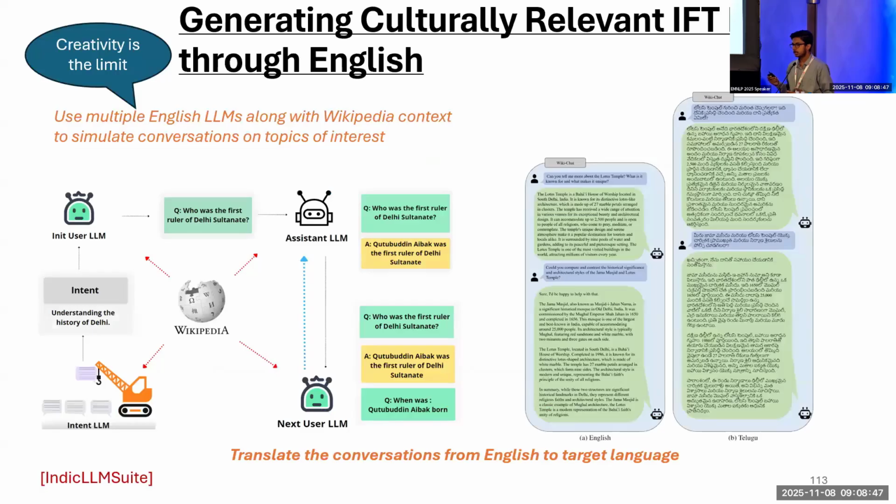Yes, one approach you can take is take the Wikipedia or any knowledge base that is specific to that region or culture, and then have some conversations with LLMs, generate the responses, and with this culturally grounded data, LLMs would generate culturally grounded responses, and then you can translate these conversations from English to target language.